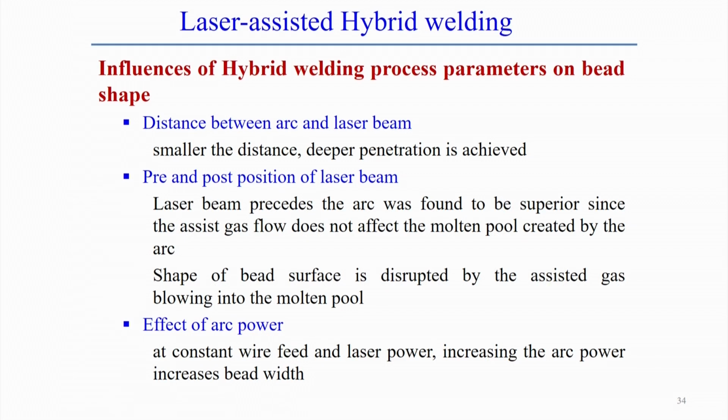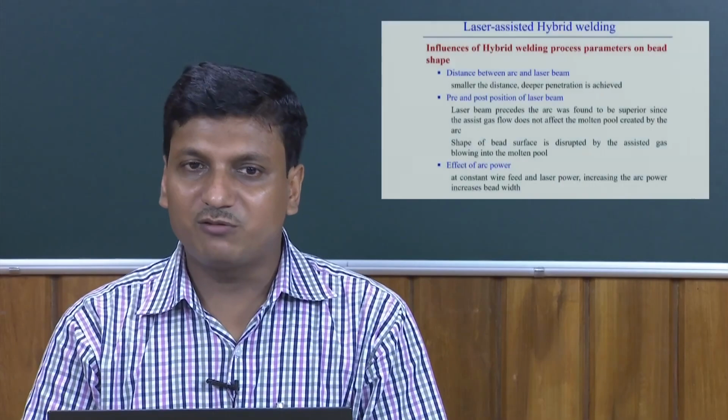So, normally in case of gas metal arc welding used for hybridizing with laser processes, the laser is kept at the front side and the gas metal arc welding is put in the backward side.